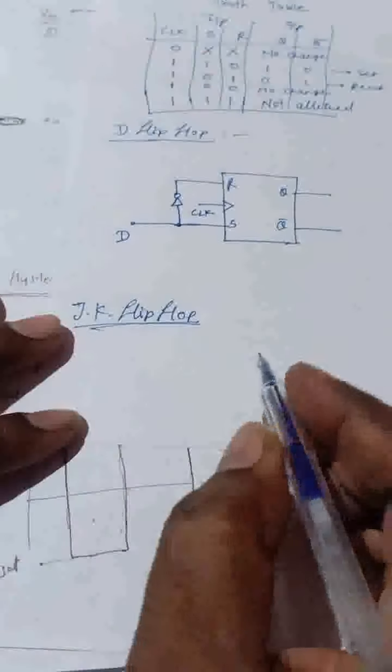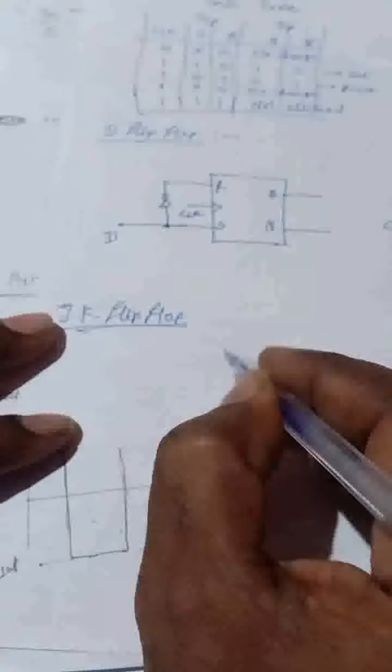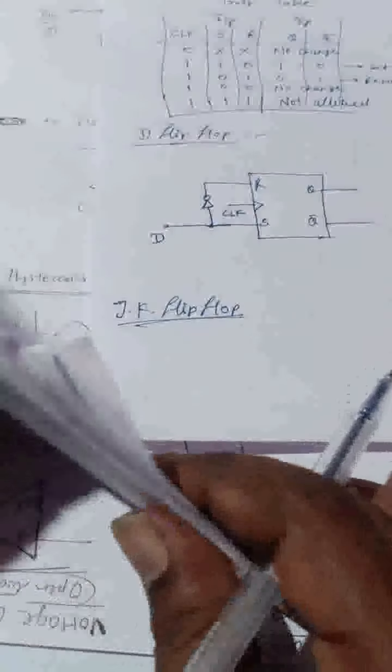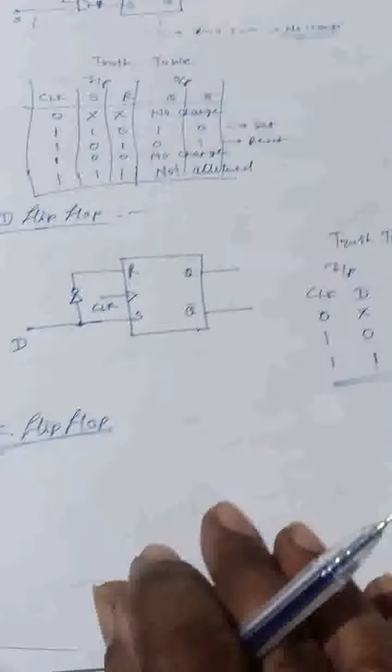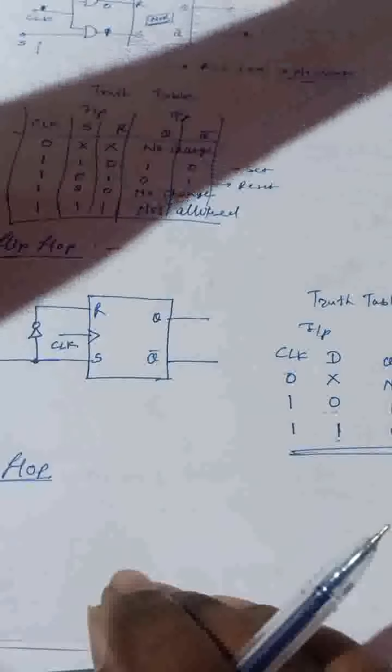Both are the same, but there is a change: we make some adjustment so that the not allowed condition does not appear in this flip-flop. So let us see here.